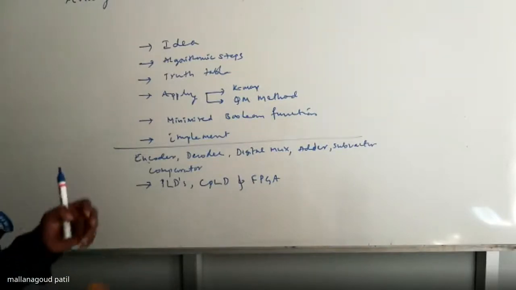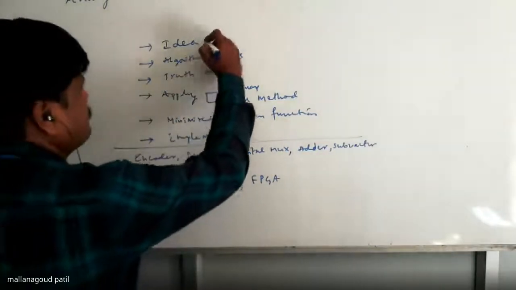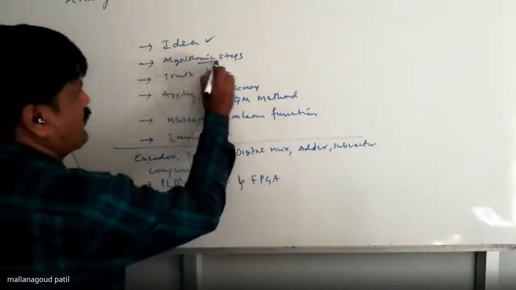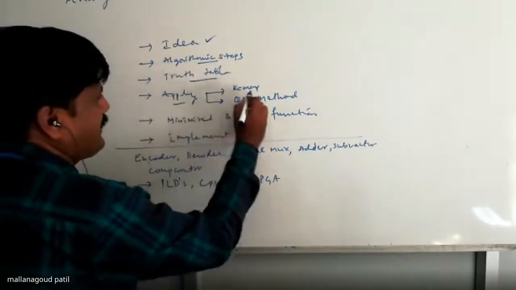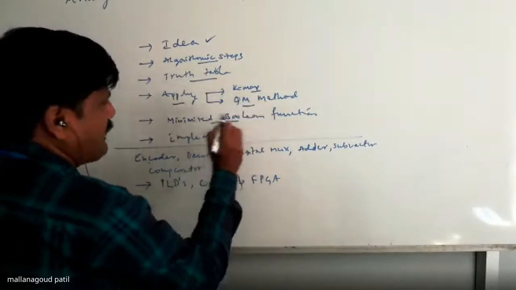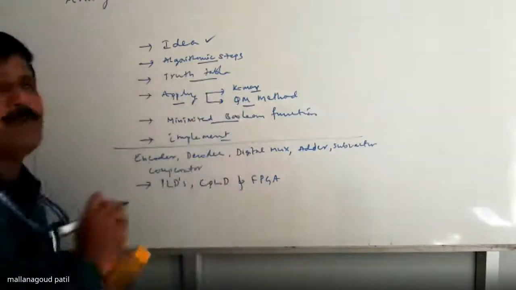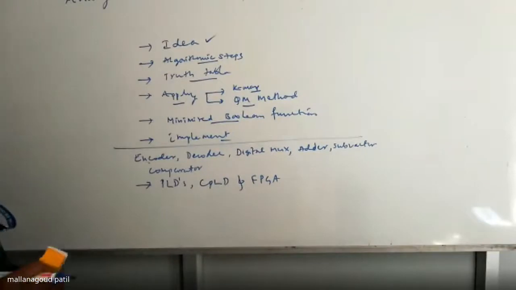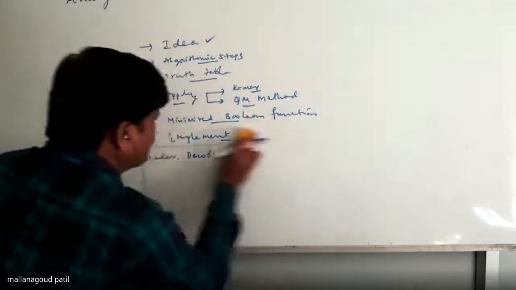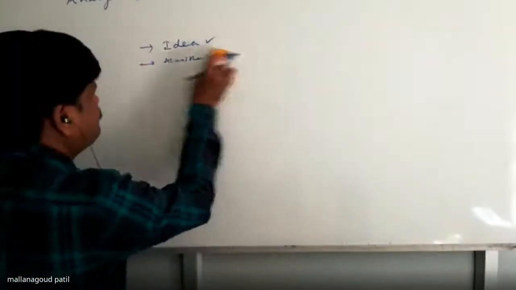Now I am giving you an idea, so you are supposed to go for the algorithm, truth table, apply K-map or QM method, minimize, get the Boolean function and implement it. The problem statement we are supposed to take first, you can note down.